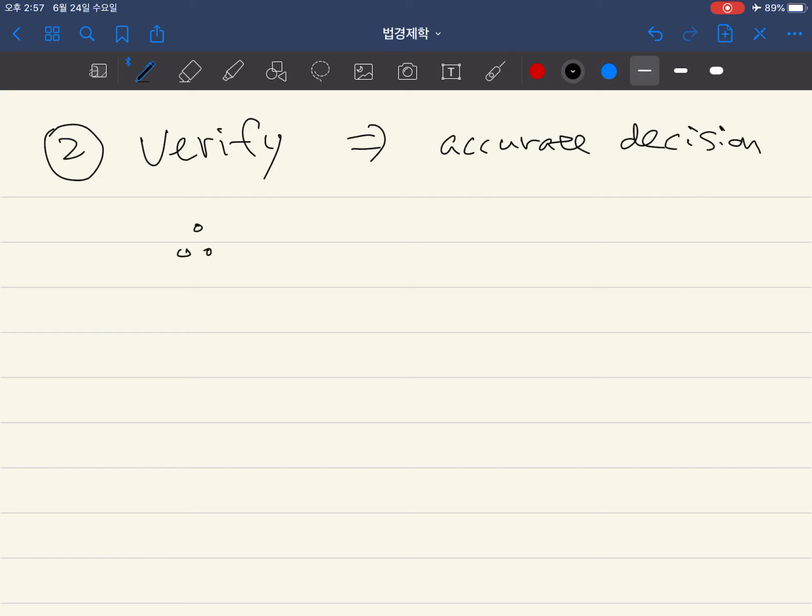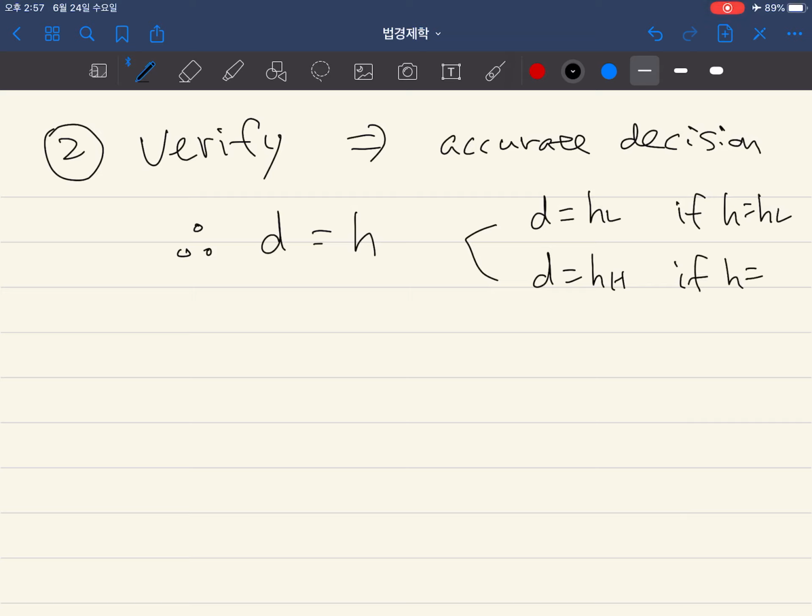Therefore, the court is going to order the defendant to pay actual harm. So this means the defendant has to pay HL if actual harm is HL, and the defendant has to pay HH if actual harm is HH.